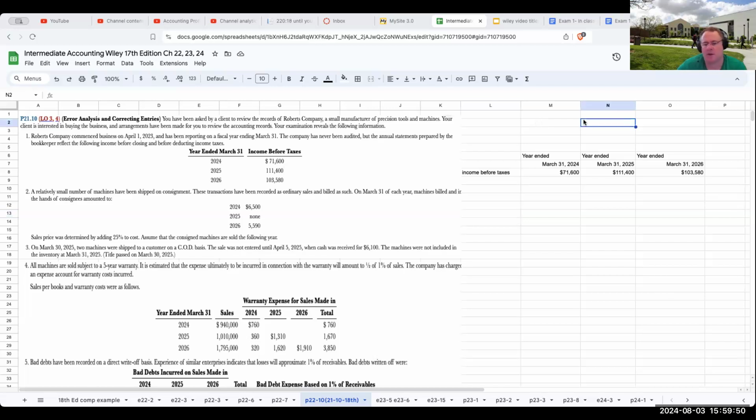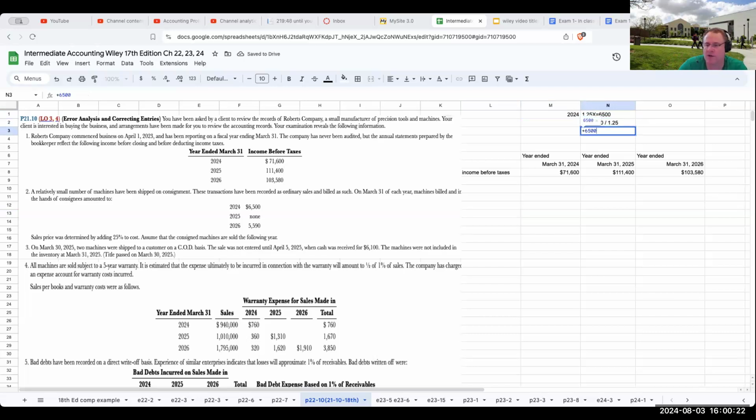So if the sales price was determined by adding 25% to cost, in 2024, 1.25x, if we say that x is the cost and we're adding 25% equals 6,500, then the cost of these machines should be 6,500 divided by 1.25.